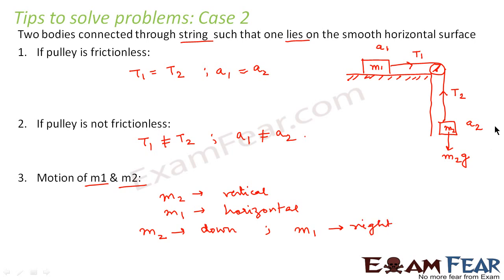That means M2 is moving like this, that is A2 is like this, then A1 will be this way, that is it will move towards the right. So this is how the motion will be governed. I have already discussed certain tips which you need to follow to deal with the numerical problems which we are going to discuss hereafter. So now let us look at the first problem.